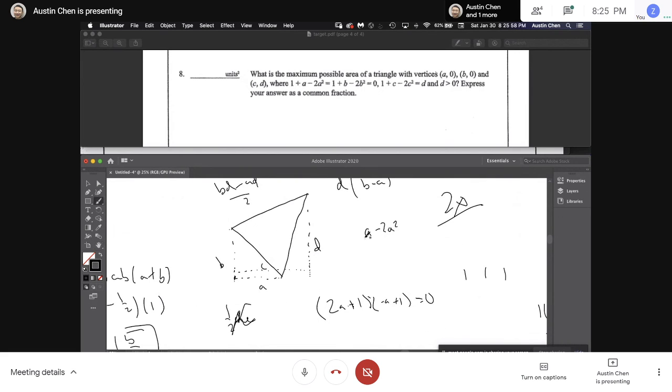Also, you have A times 1 minus 2A is equal to B times 1 minus 2B, right? So A can equal B. Is there anything else?